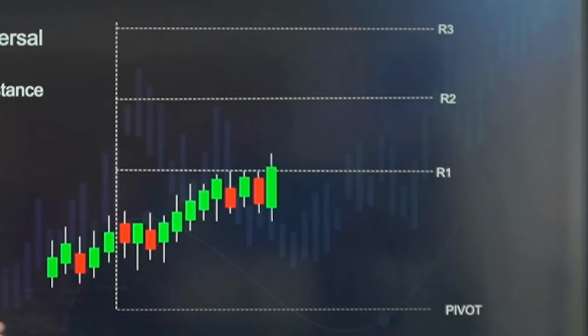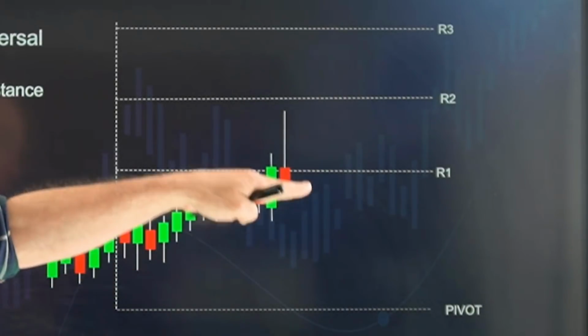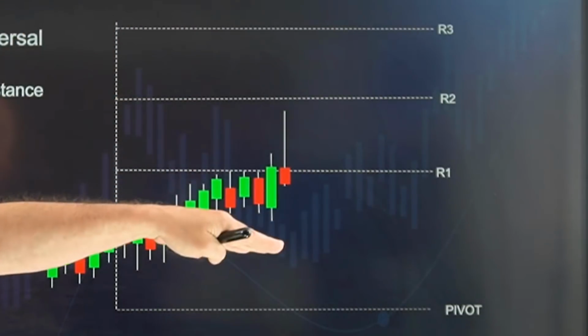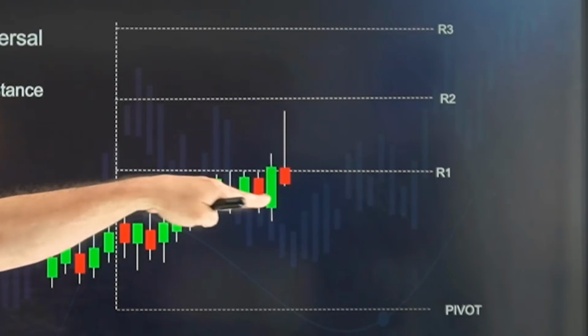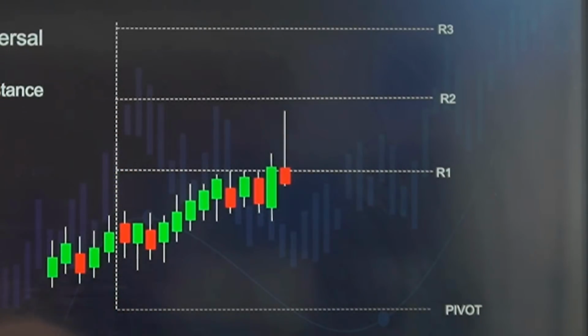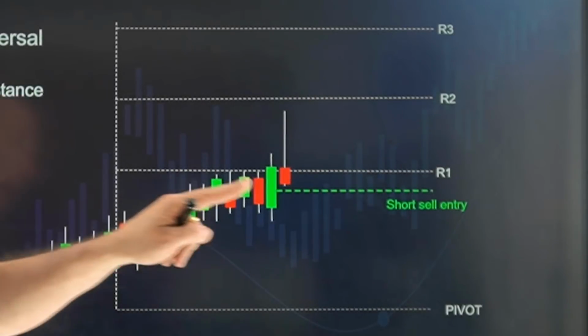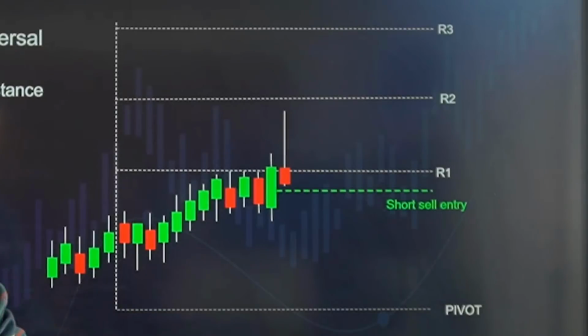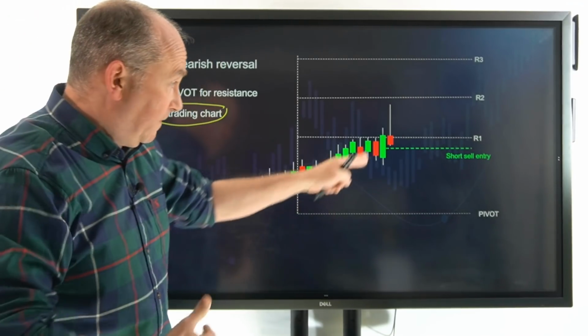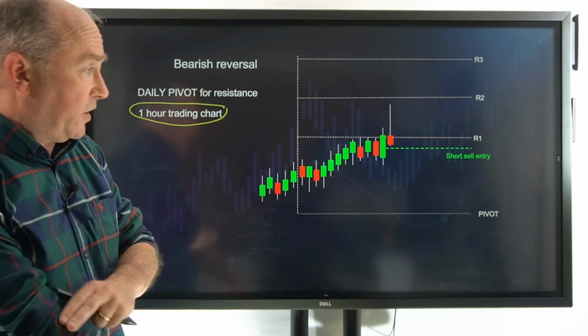But if you see that, followed by the bearish pin, and the body of the pin closes below the level of resistance, R1, or indeed R2 if it's further up, and inside the main body of this candle, then that could indicate a reversal. So typically your entry now would be a short entry at the bottom of that pin bar, and hopefully inside the main body of the first candle.